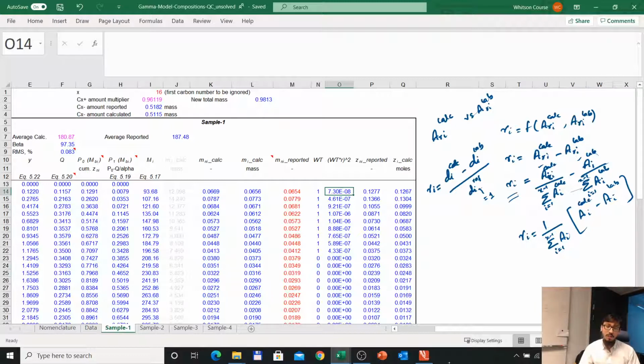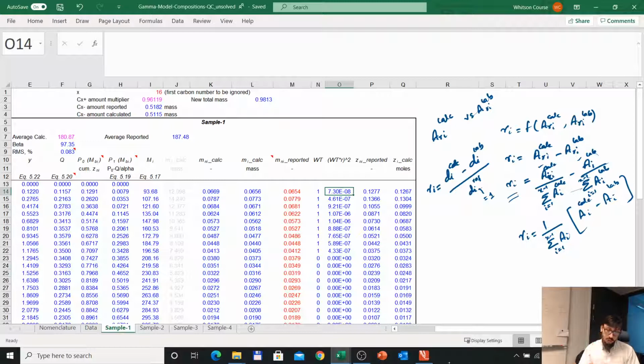And that's not a good thing, because we strongly believe that those areas are accurately measured, and we should conserve that total area. So that's what we are trying to do here.